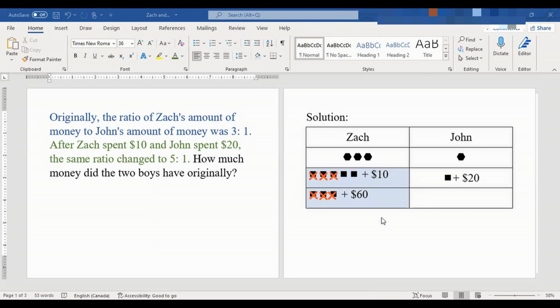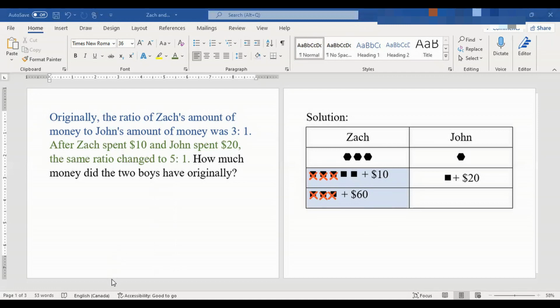So what is the value of each square? To find that, we're going to subtract the $10 from the $60. And now we're just left with the squares. That means the 2 squares are worth $50, since that's what's left. Meaning 1 square would be worth $25.